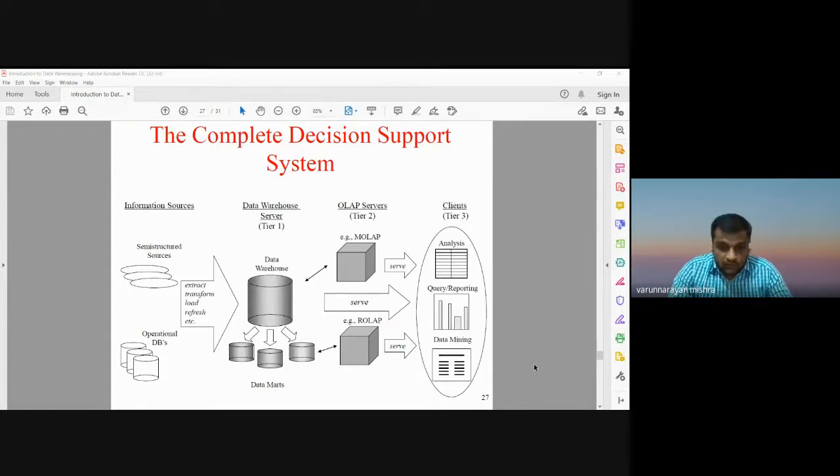The information communicated from this OLAP server is transferred to tier 3, the client side, and the client can use this information for different applications like analysis, query reporting, and data mining.